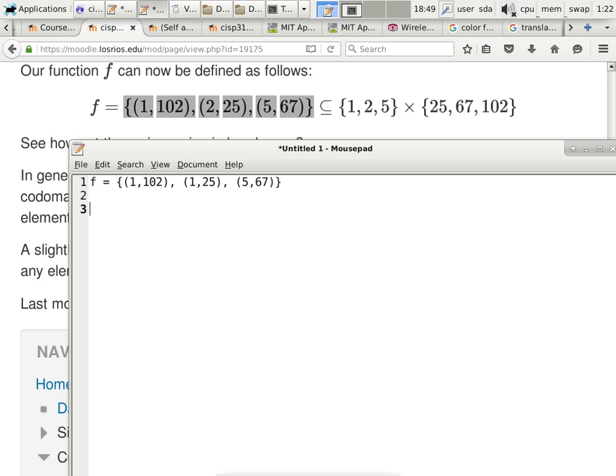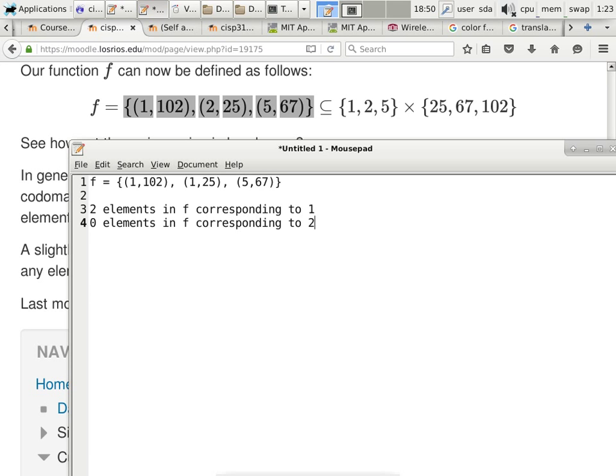It's not a function anymore because now there are 2 elements in F corresponding to 1, and 0 elements in F corresponding to another element in the domain, which is 2. So it breaks the rule in 2 places, not just 1.